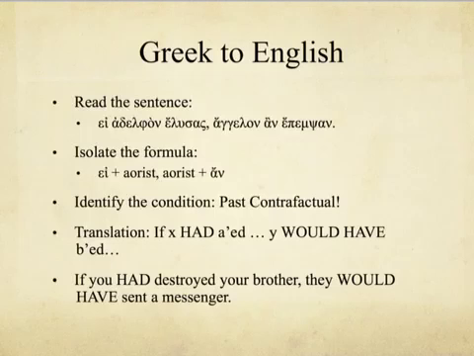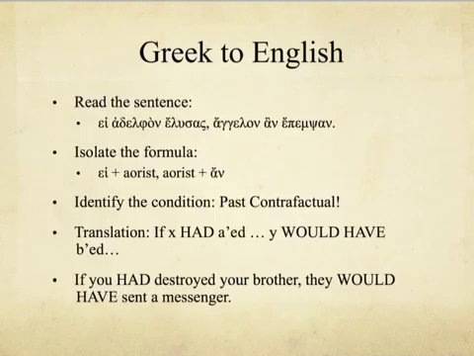I take you through this somewhat laborious process because you will understand right away that if you had just gone to the verbs, elusas is an aorist, you destroyed, epempsan is an aorist, they sent, you would get something like, if you destroyed your brother, they sent the messenger, and that's not in fact what it means.